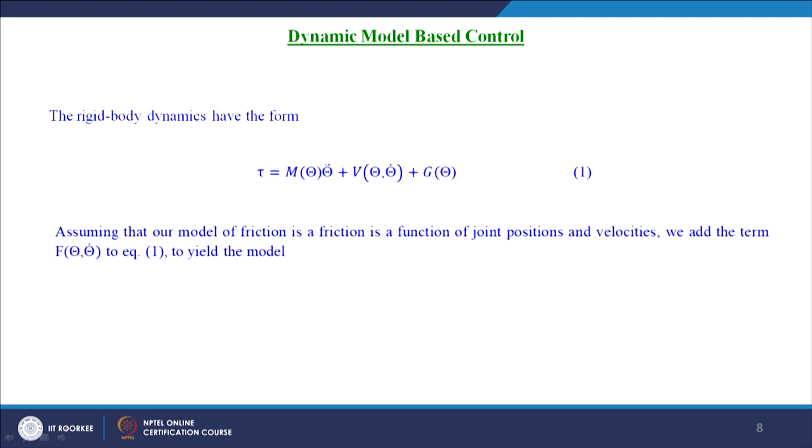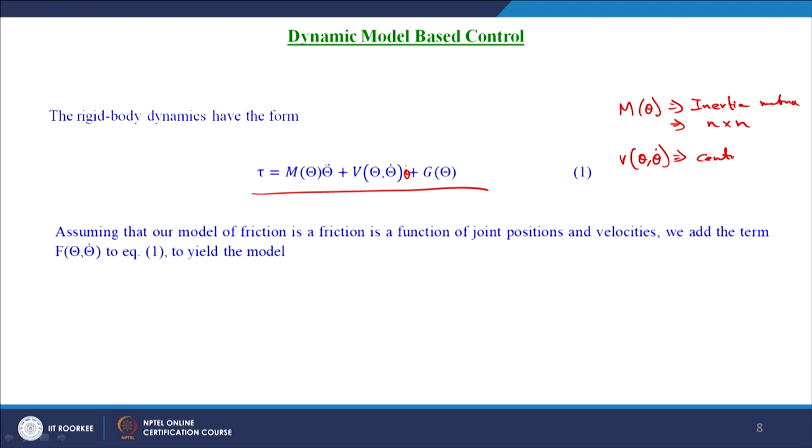The rigid body dynamics is given by tau equal to M of theta into theta double dot plus V of theta, theta dot into theta dot plus G of theta, where M of theta is called the inertia matrix, which is of size n cross n, where n is the degrees of freedom of the manipulator, and V of theta comma theta dot is called the matrix which involves the centrifugal and Coriolis effects.